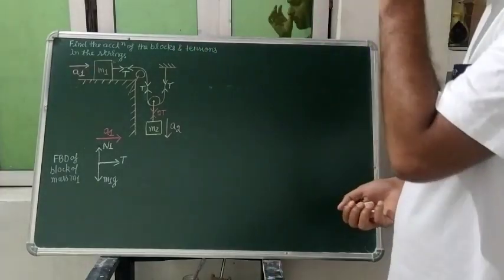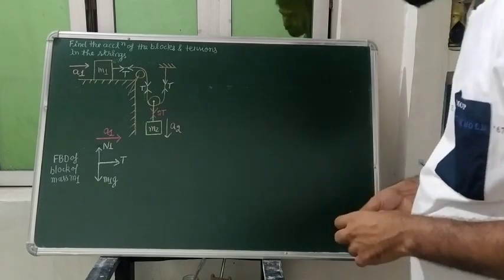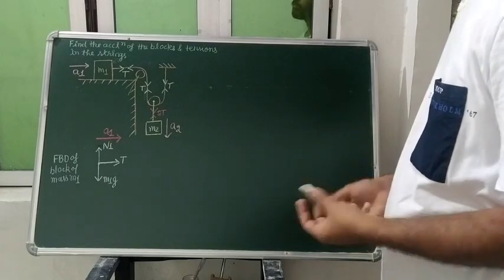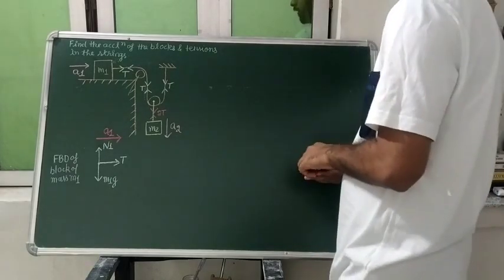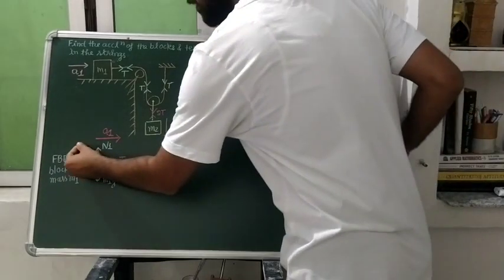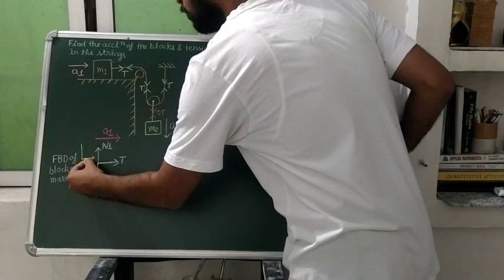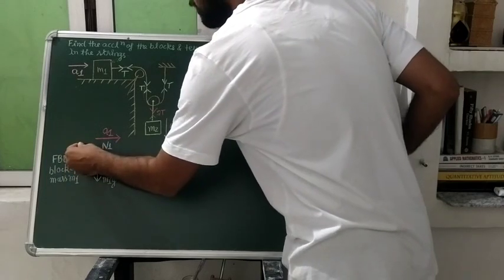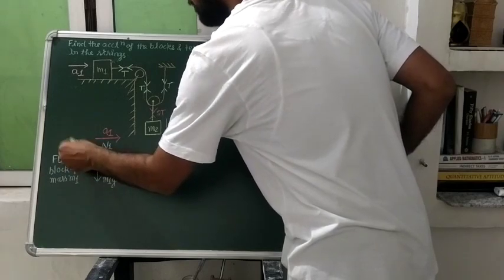So after drawing the free body diagram of the block of mass m1, what will we do, students? We will apply Newton's second law in x direction and y direction. Suppose this one is our coordinate system. On this side we have assumed the positive x-axis, and on this side the positive y-axis.